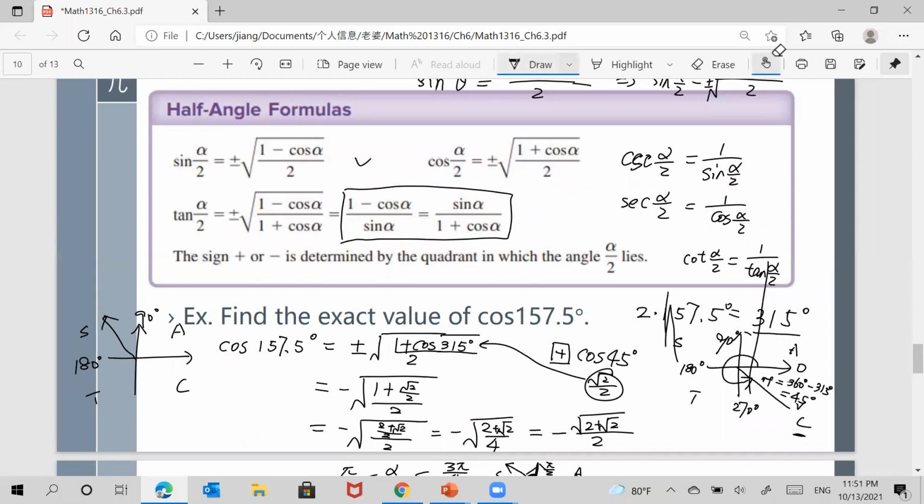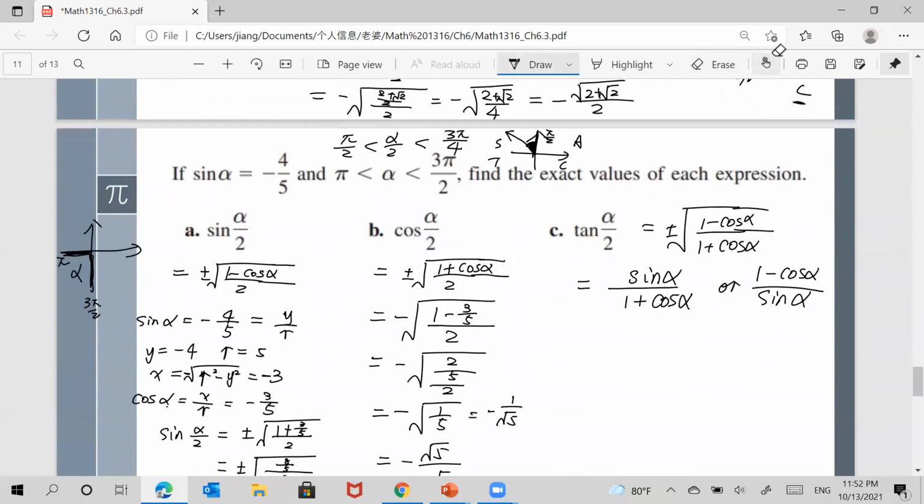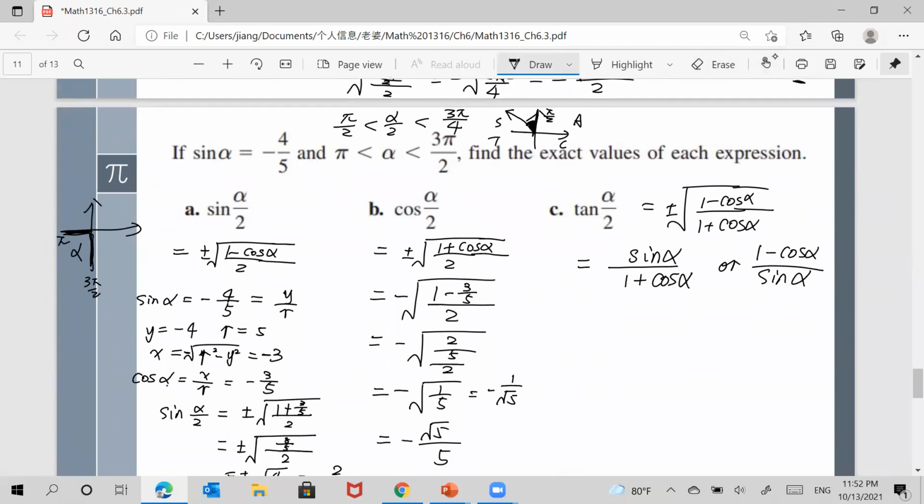Okay. Oh my goodness, how to delete these squares? Okay, continue. Okay, I just pick one.